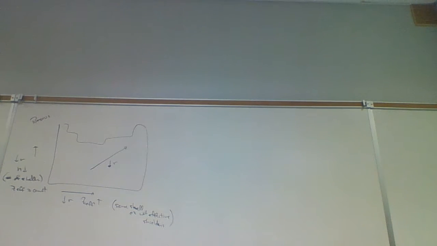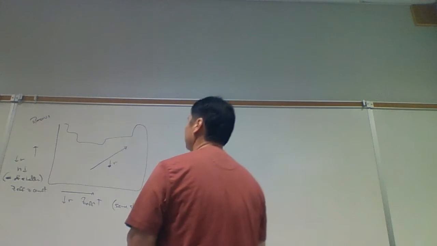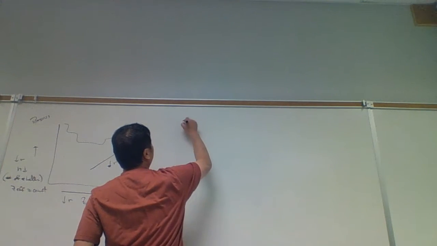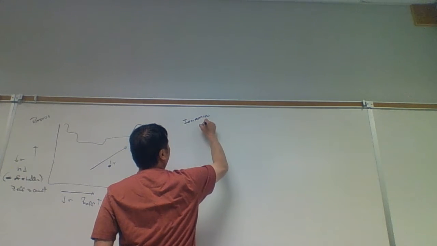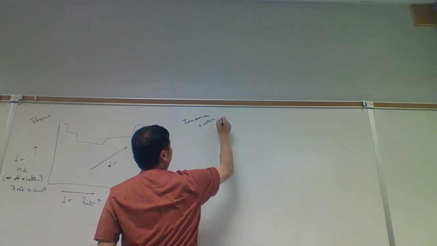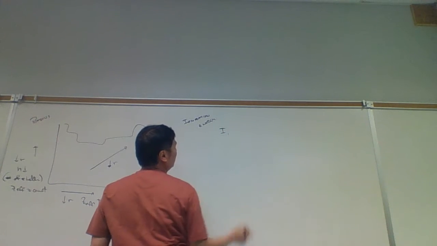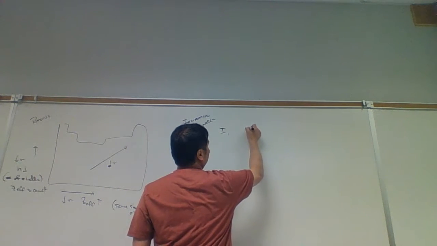And so we want to know about the size of atoms, and then there are other things that are related to the size. One of the things that's related to the size is something called ionization energy. We have I1, which is the first ionization energy.